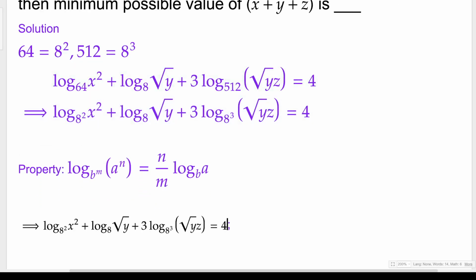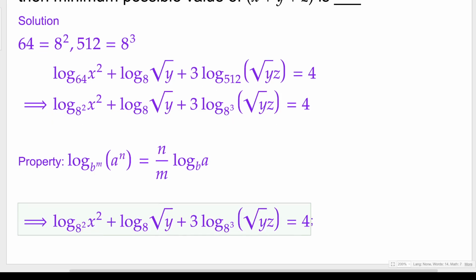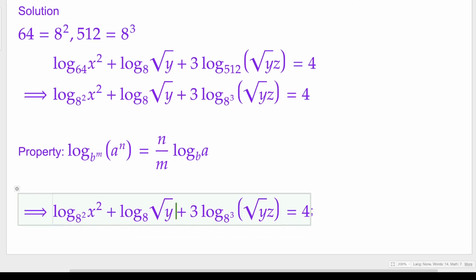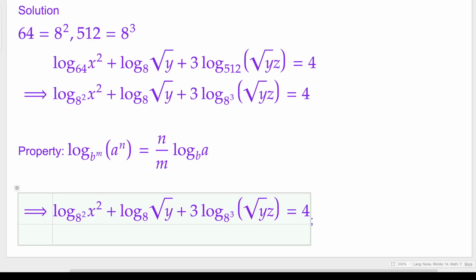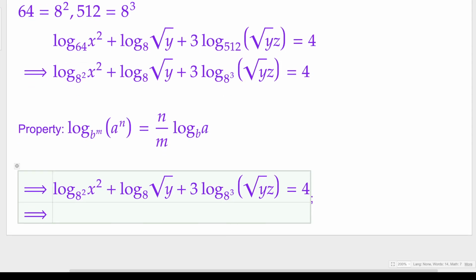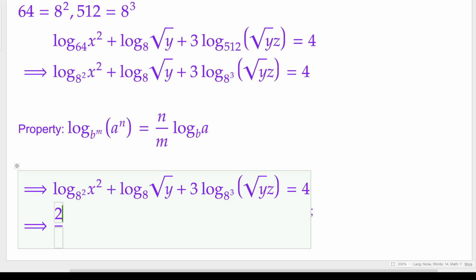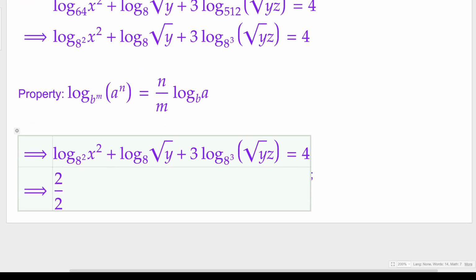Now proceeding further, I'll be using this property here. So here, for x squared, we have x to the power 2 and 8 to the power 2, so this will become 2 by 2, and this will be log base 8 and argument x.